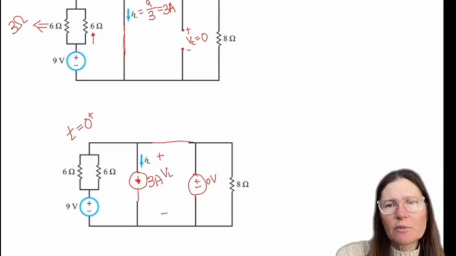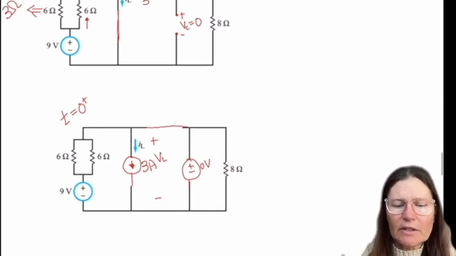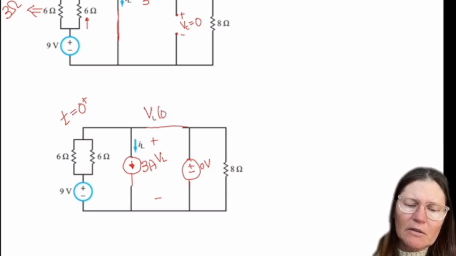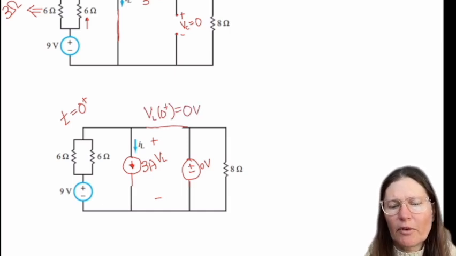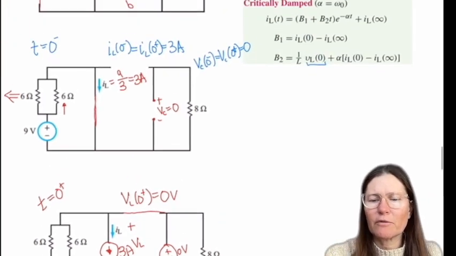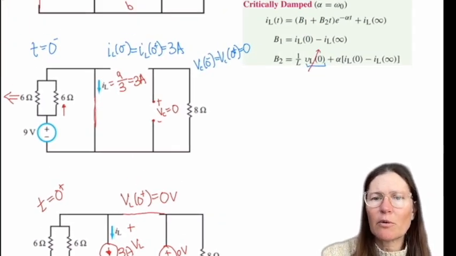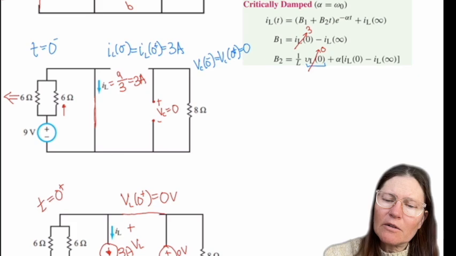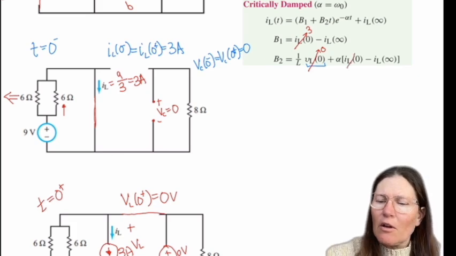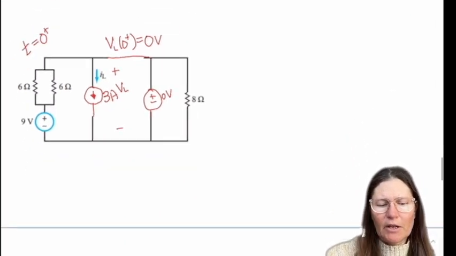So VL is going to be across this, so you can see that VL is going to be the same as VC, which will be 0 volts. So our initial value for VL of 0 will be 0. IL of 0 is 3. And then we need to find the final circuit.